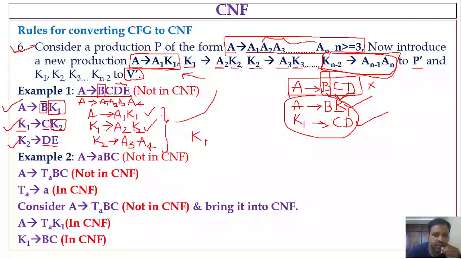So Kn minus 2 denotes An minus 1 An, where n is 4.